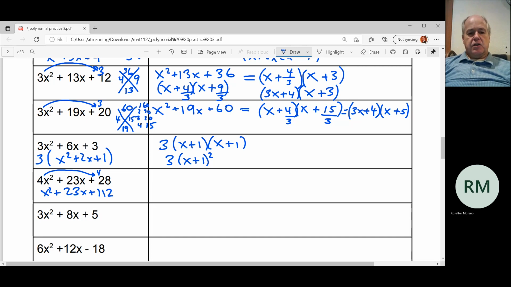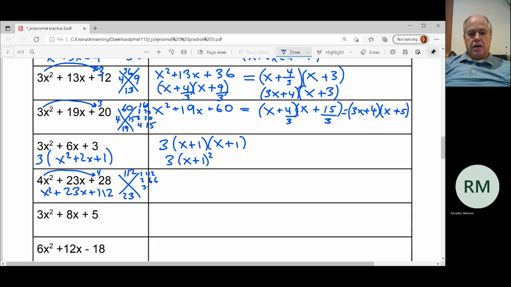All right, factors of 112, because we're looking for something multiplied gives us 112, added gives us 23. Well, 112 times 1, 2 times, let's see, that'd be 66. 3 times, well, if it's 2 times 66, it'd be 3 times 44, would it be?